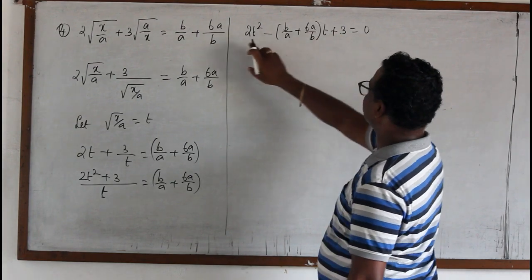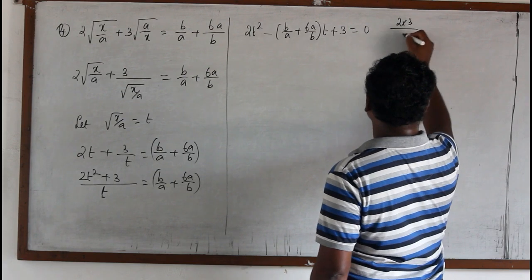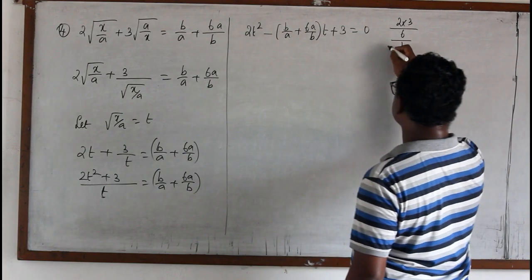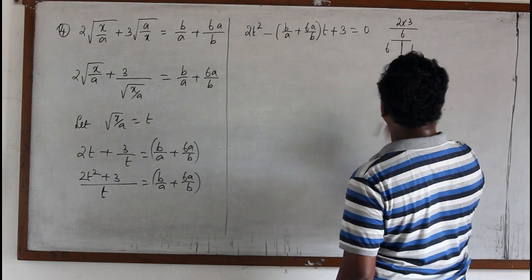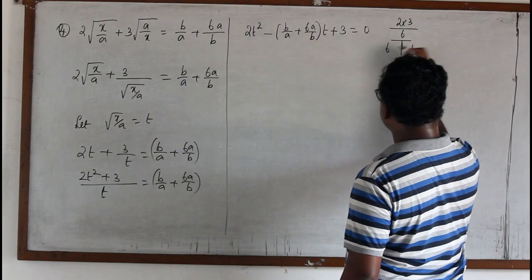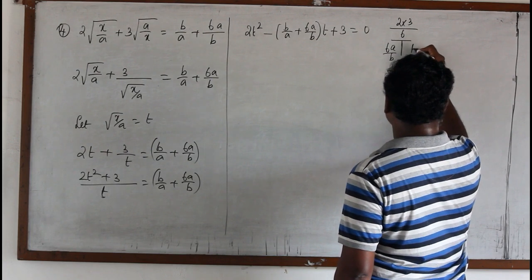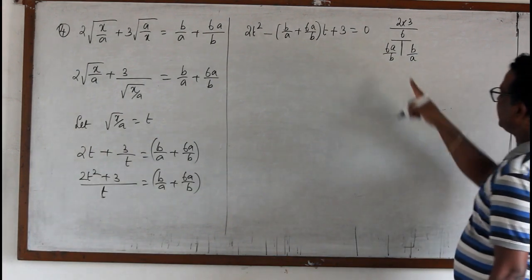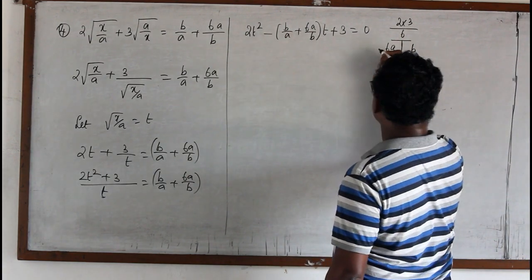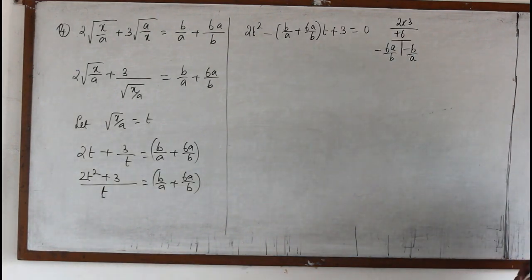So a quadratic form. See how we are factorizing this. 2 into 3 is 6. But I need this, so shall I write this one as 6 into 1? We are having a by b and b by a. So I can write this expression as 6a by b and 1 into b by a. When you multiply, you will get plus 6. But I need minus, so it is minus minus. When I multiply, it will become plus 6.